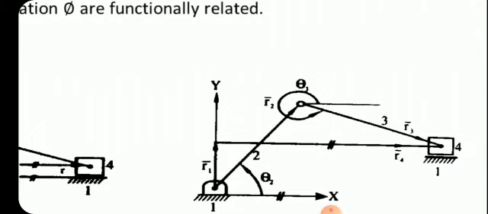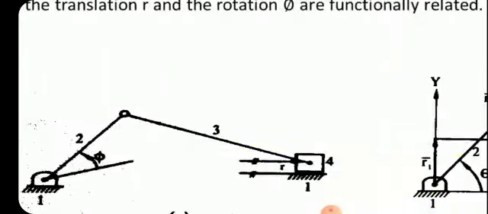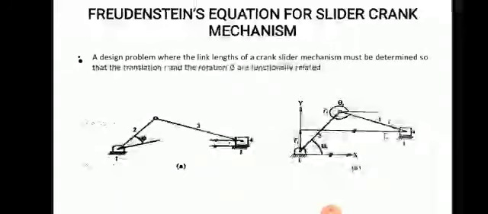This equation will be this equation, opposite side it comes. R3 and R2 are in the same direction, R4 and R1 in the opposite direction. R is the displacement, we can observe here.